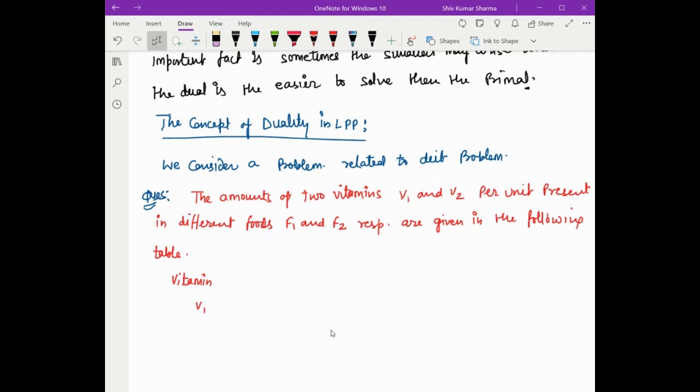Vitamins V1 and V2, foods F1 and F2. The quantities are 5 and 7 for the first vitamin, and 6 and 11 for the second. And here is the cost per unit.